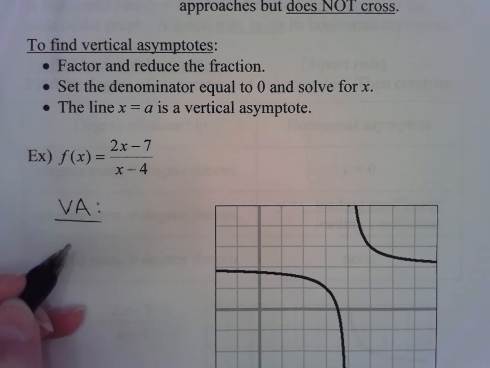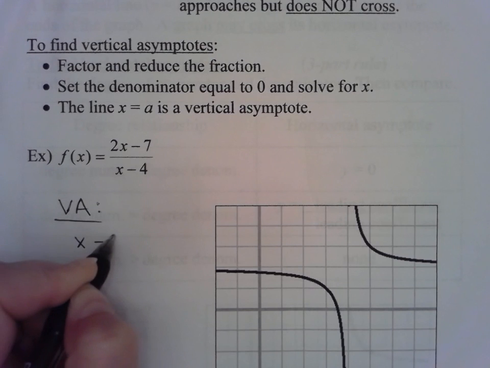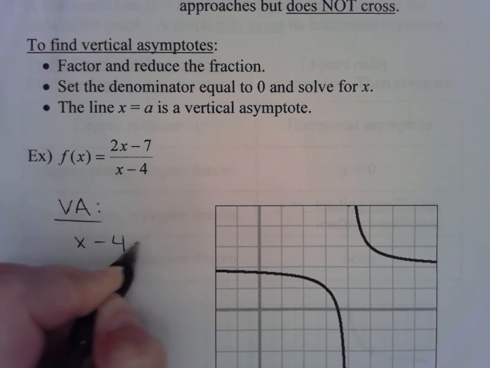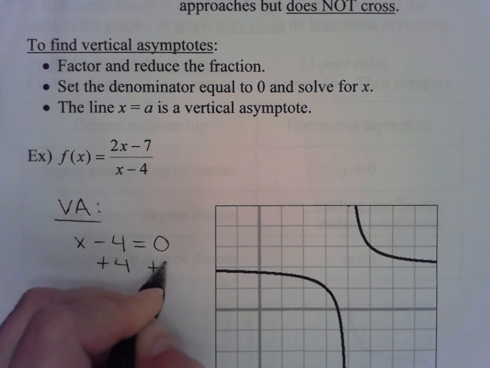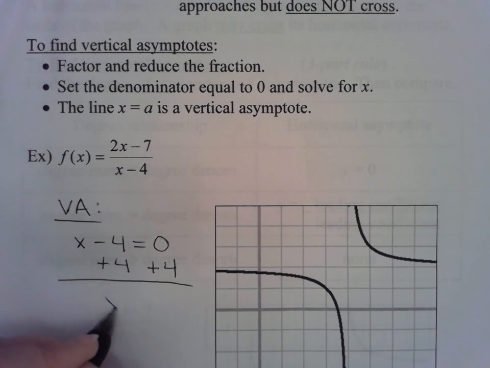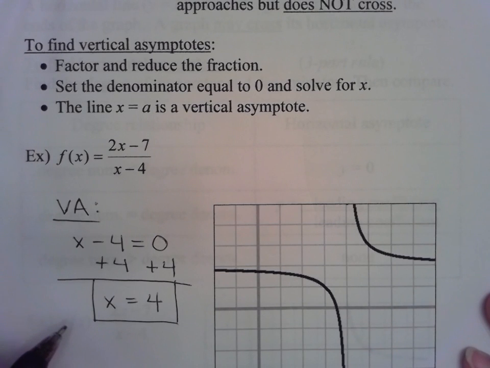I usually use VA as my abbreviation for vertical asymptote. Okay, so x equals 4 is my vertical asymptote for this function.